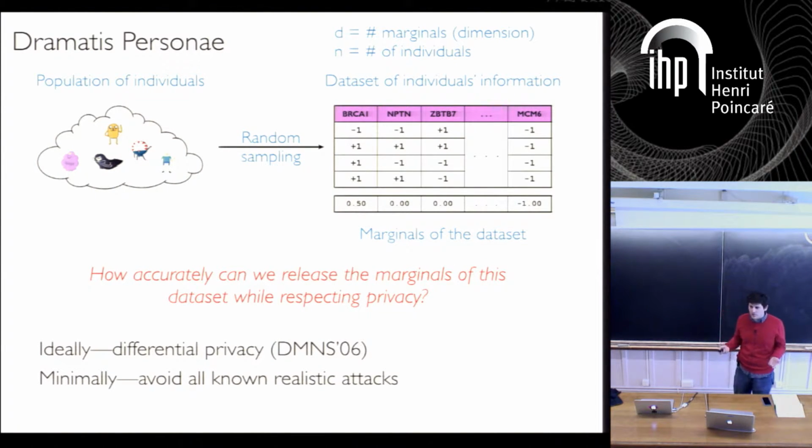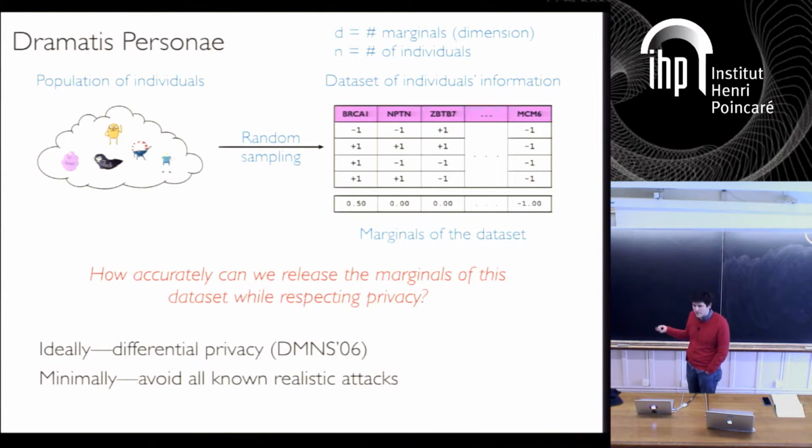If you're proving lower bounds, it's better if you can prove lower bounds that actually correspond to realistic attacks against a broad class of algorithms rather than specifically proving technical negative results for differential privacy. So this distinction is going to be paramount to the talk.